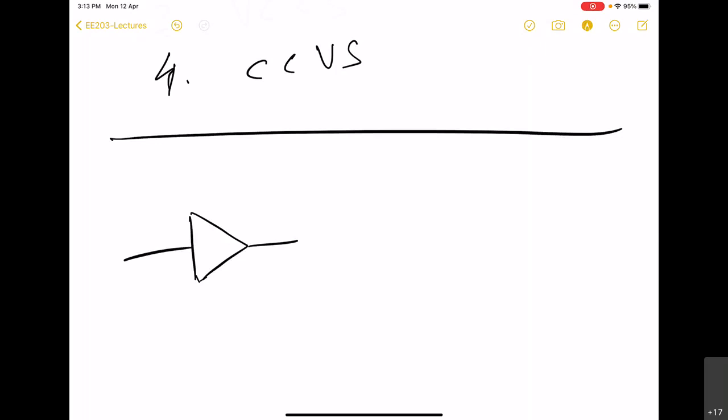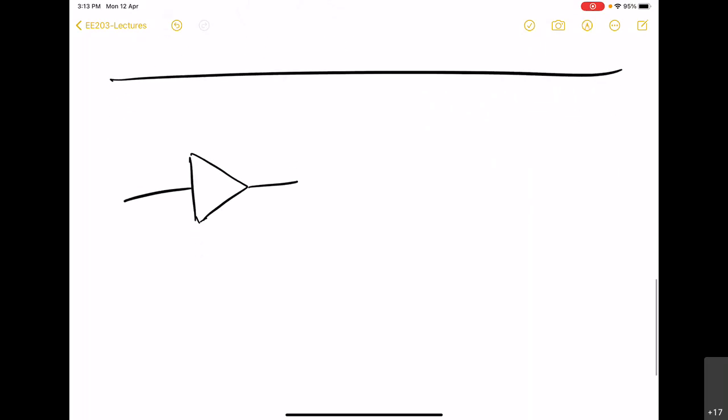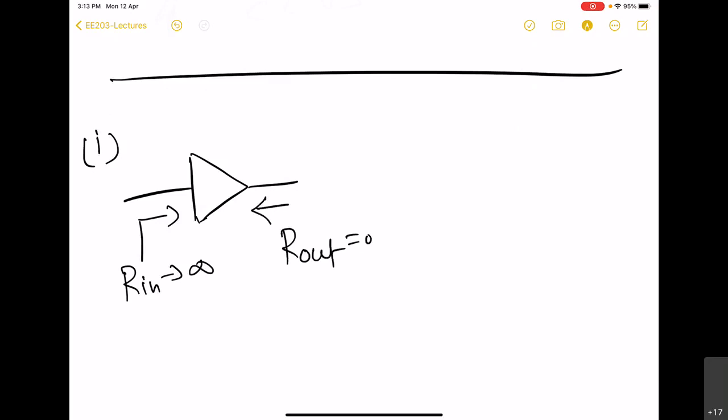So we are now going to designate the amplifier by this triangular symbol rather than the square one. The first possibility is that the input impedance, or the input resistance in the simpler case, is infinite, and the output resistance is equal to 0.